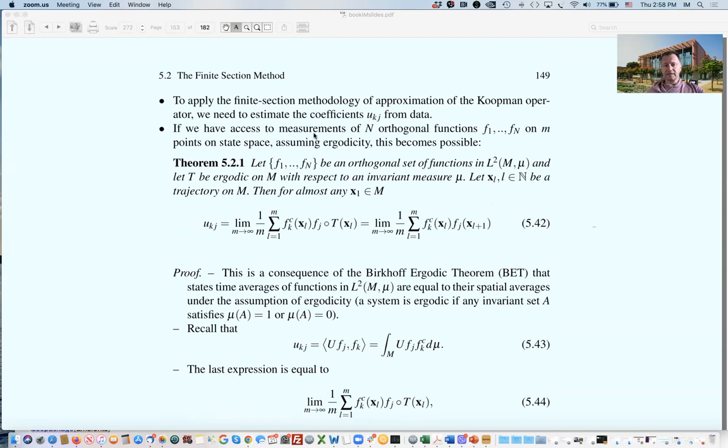So let's say we have access to measurements of n orthogonal functions, f1 to fn, on m points in state space. And now we're going to make an assumption. We're going to say that the underlying dynamics is ergodic.